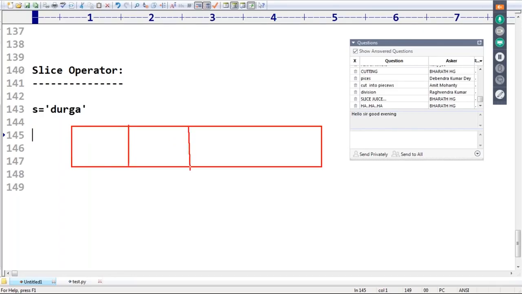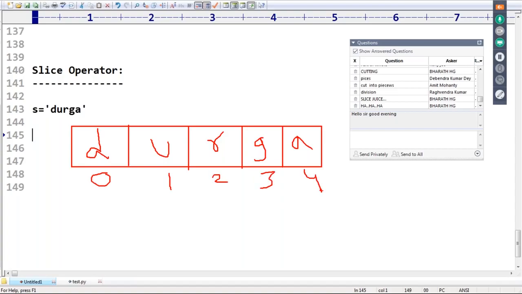D U R G A. Observe very carefully. D-U-R-G-A. Now, what is the index? String is always index based. What is the index of D? 0, 1, 2, 3, 4.